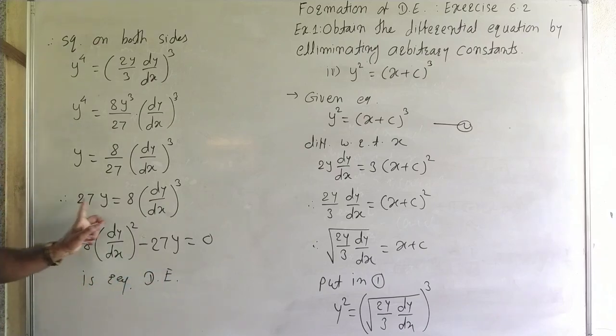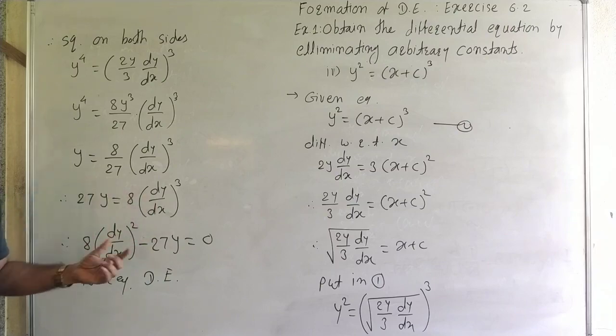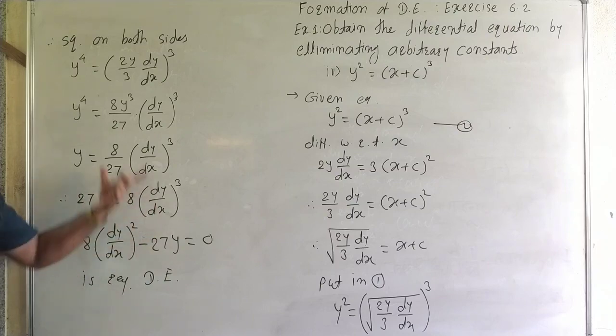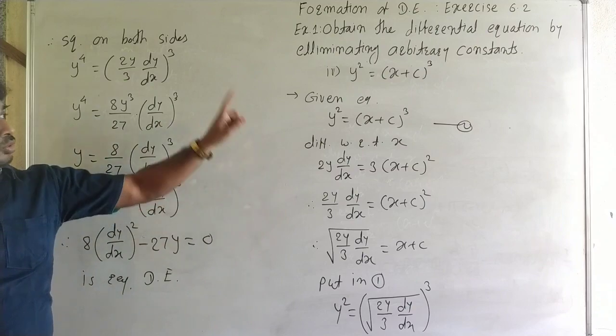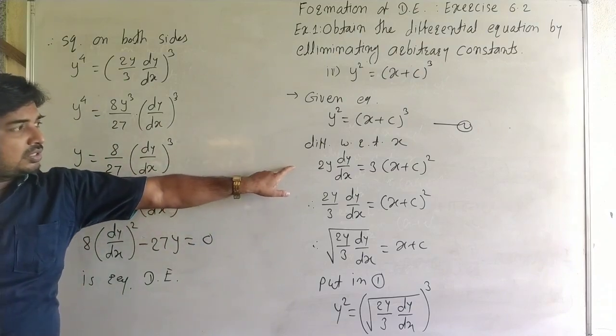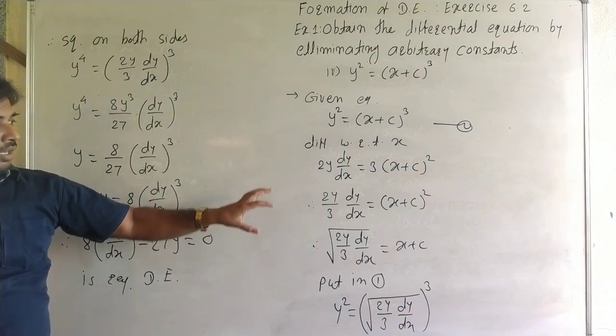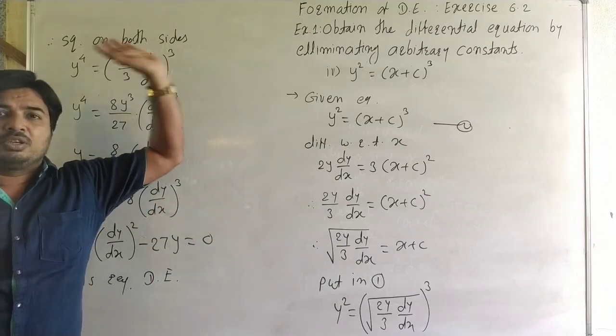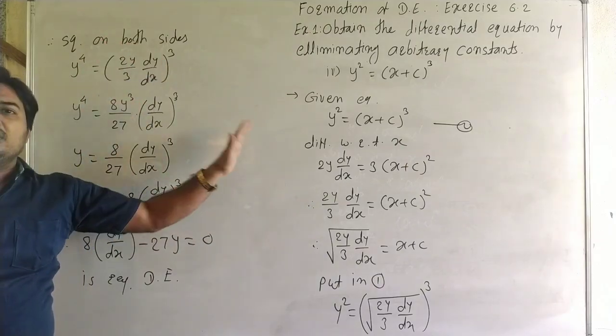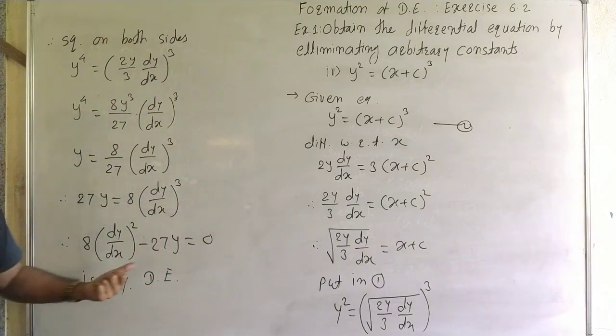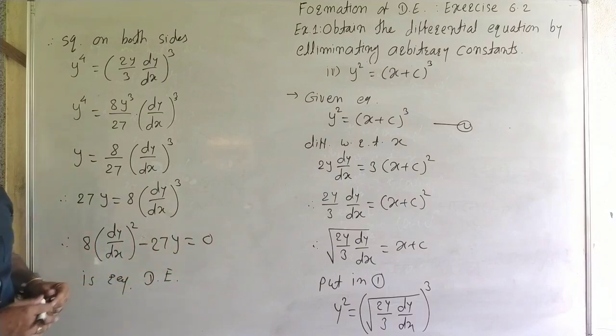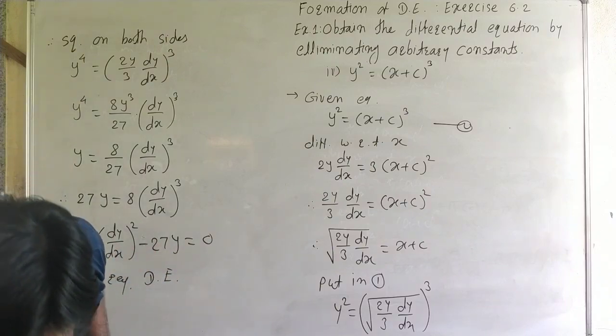See carefully, there is only one arbitrary constant, so we differentiate only one time and put the value of the arbitrary constant in the equation. That means we eliminate the arbitrary constant and we get the differential equation. Now the next example.